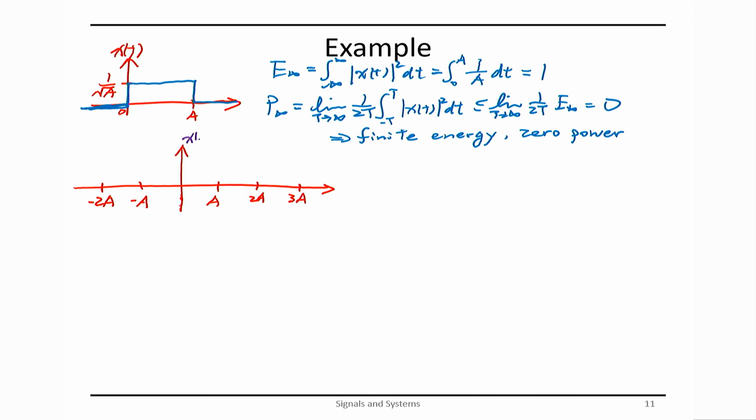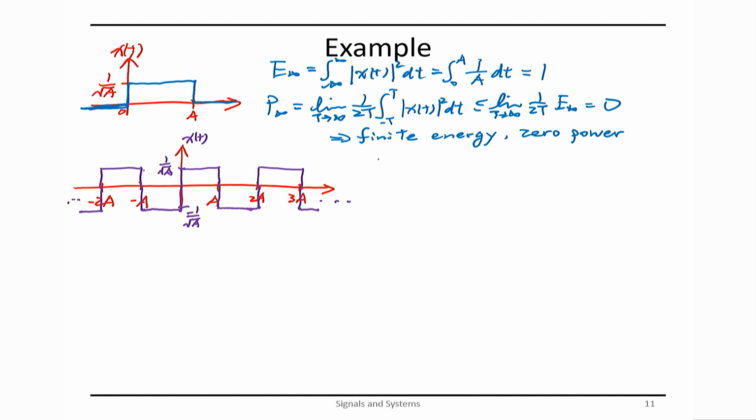So here I have x of t that is 1 over square root a from 0 to a, but then has value minus 1 over square root a from a to 2a, and then positive again from 2a to 3a, and so on and so forth. So we're taking this square wave and we're repeating it every integer multiple of a, but alternating between the plus and minus signs. Okay.